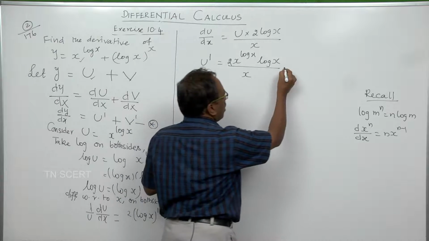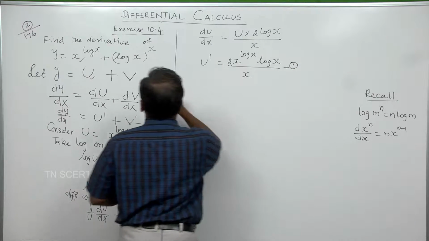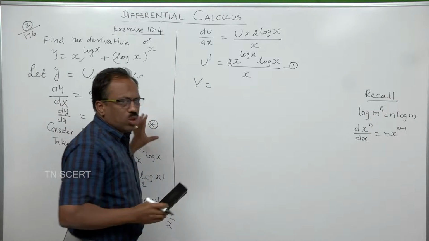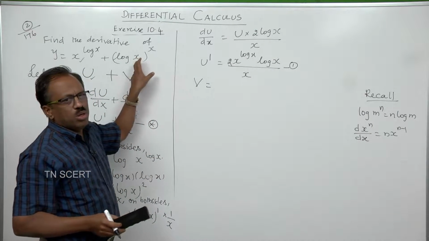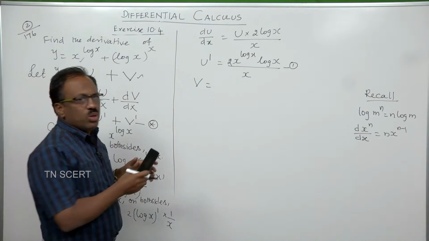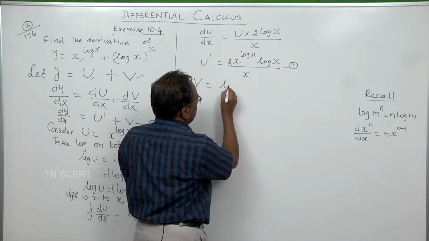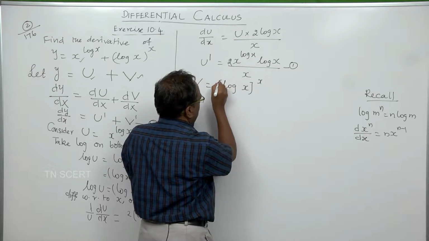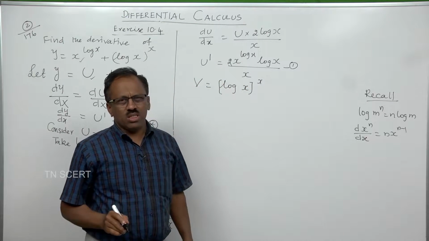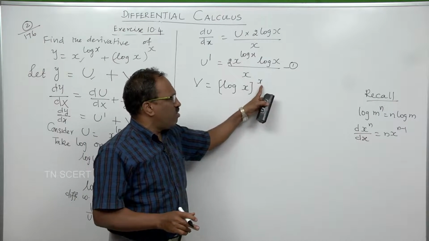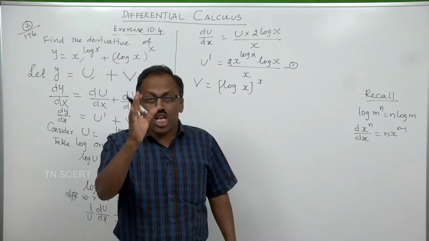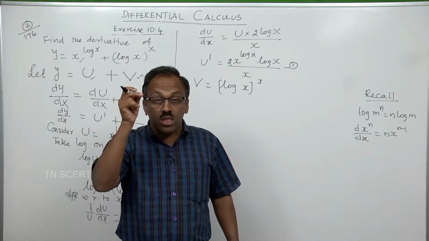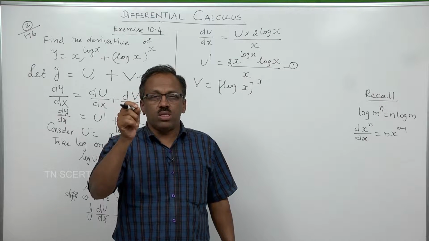And then what else do I do? Take the second value, v. Like how I have done for u, the same way I have to continue with v also. So now log x whole power x. Here also, whenever you happen to see x as a power, register in your mind, always take log.